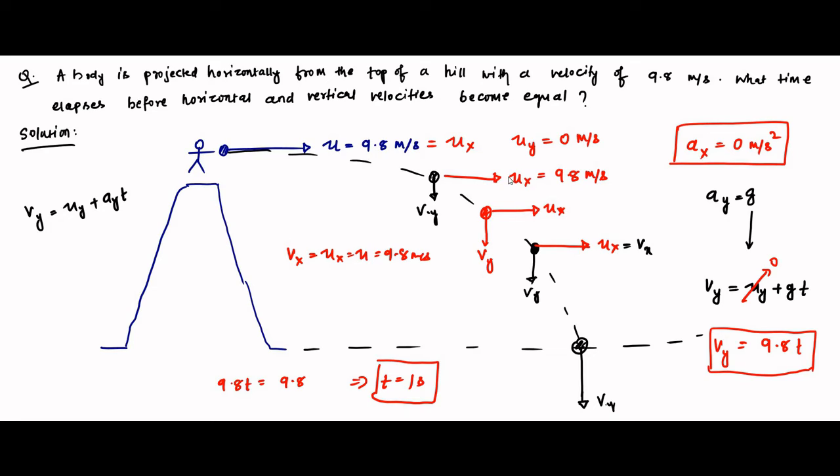Horizontal is always 9.8, so we equated it with Vy equal to 9.8 t, where t is the time after which the stone is thrown, where both of them become equal. So t is equal to 1 second. This is the answer. After 1 second has elapsed, both the horizontal and vertical components of the velocity become equal. t equals 1 second.